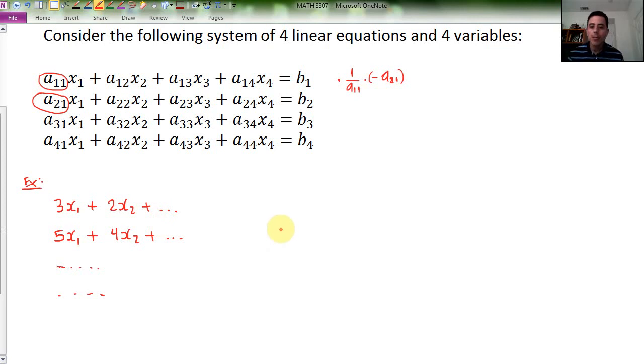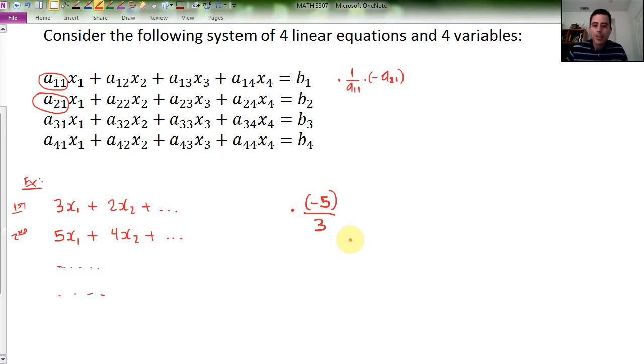So this is the first equation, here's the second equation. If I multiply the first one by 1/3, that will eliminate the 3 there, where I get only 1. But then I need to multiply by the opposite of 5, right? Negative 5. So in other words, I'm pretty much multiplying by the opposite of 5 divided by 3.